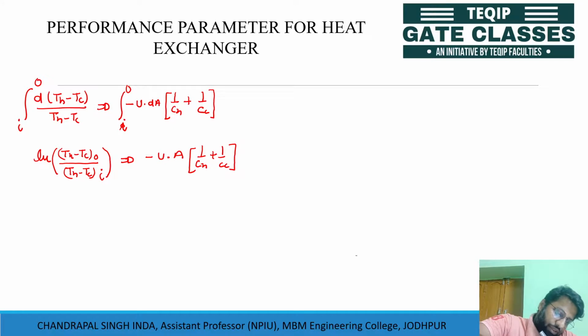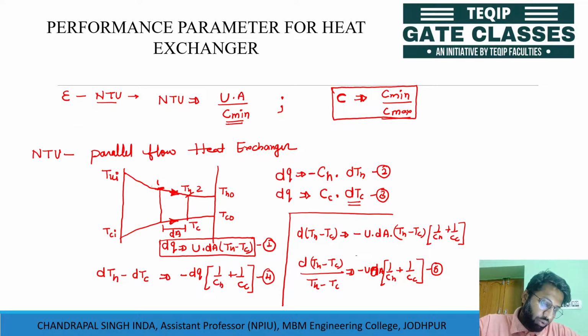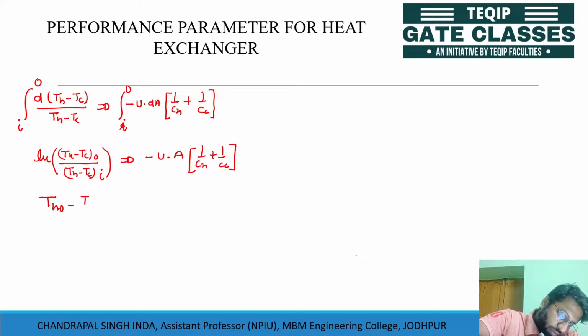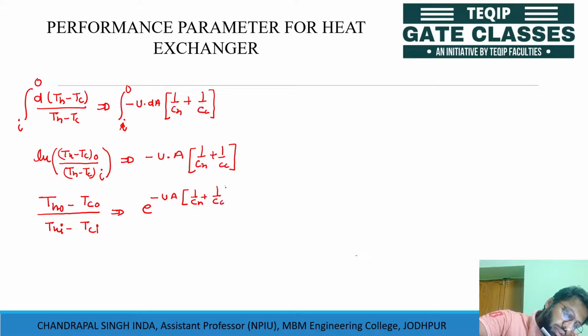So for the parallel flow heat exchanger, at the outlet the temperature difference is T hot outlet minus T cold outlet. So T hot outlet minus T cold outlet divided by T hot inlet minus T cold inlet will be equal to exponential of minus UA (1 by Ch plus 1 by Cc).